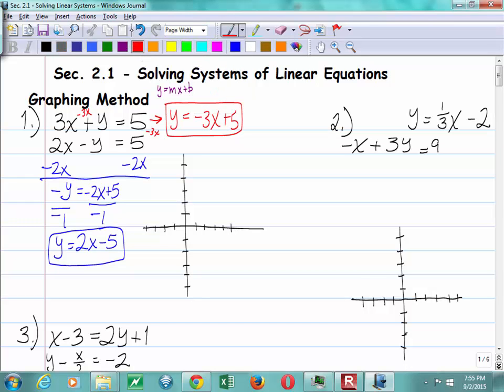So the first one has a y-intercept at positive 5. So I plot that, and it has a slope of negative 3, so I go down 1, 2, 3, and over 1. Let me go down 1, 2, 3, over 1 again.